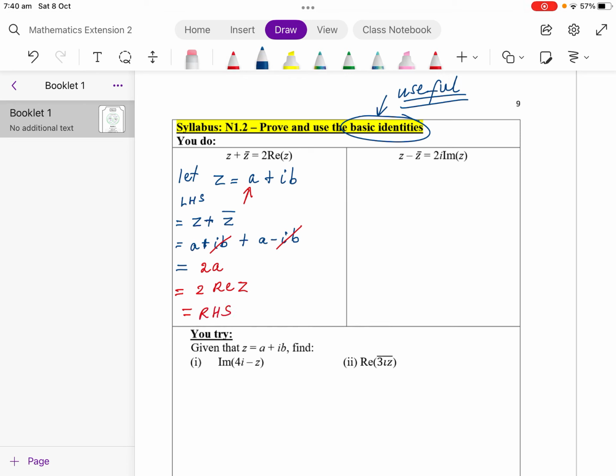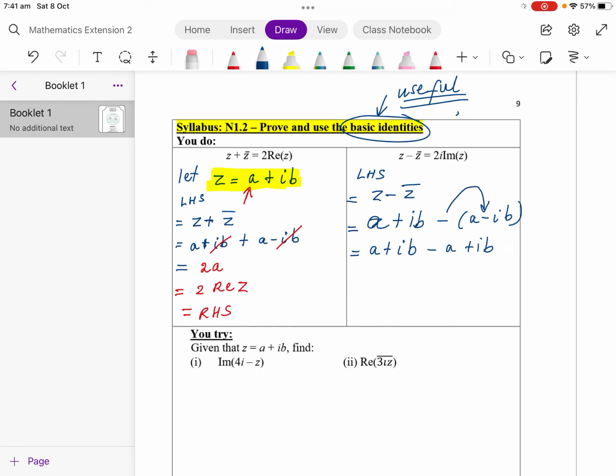And the proof of the second identity is very similar. I'm going to go back to using z being a plus ib. So then we're going to have z minus z conjugate, which is a plus ib minus a minus ib. And then I'm going to take the care to expand that minus out so I don't mess up this positive here.